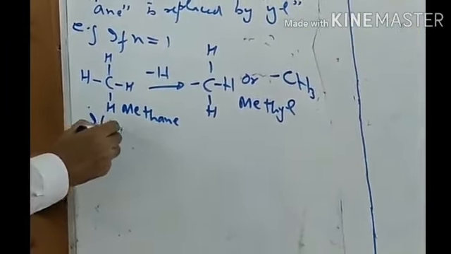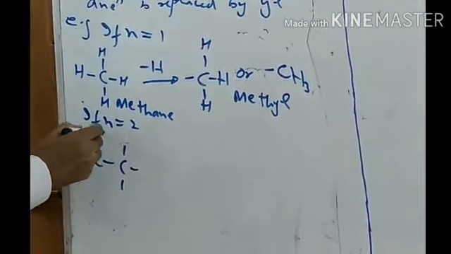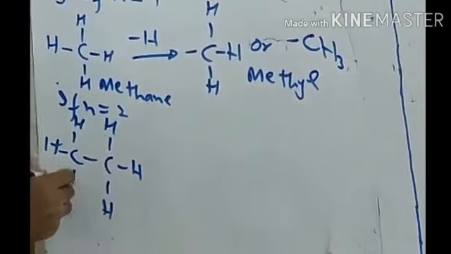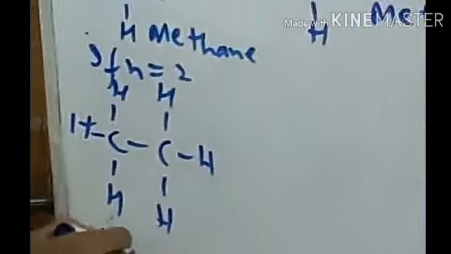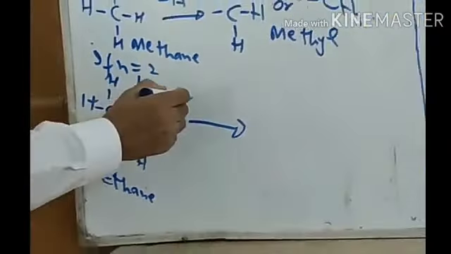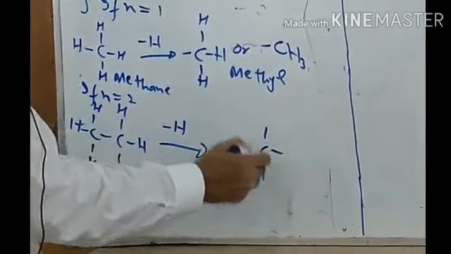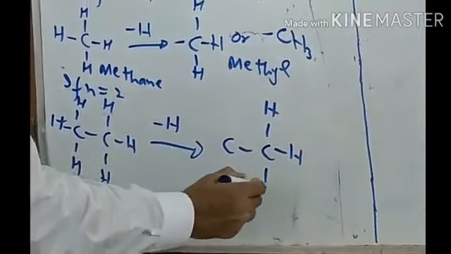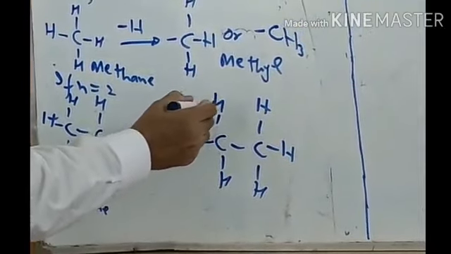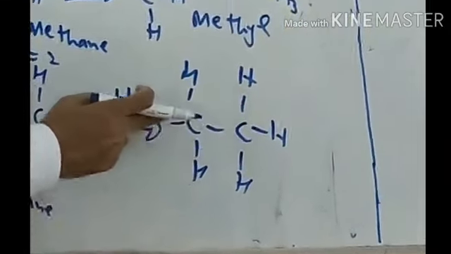If n is equal to 2, then the alkane is known as ethane. You can remove any one hydrogen, you are free to remove. So we will get CH, H, H, and this is the H. The most important part here is the valency: 1, 2, 3 and 4.